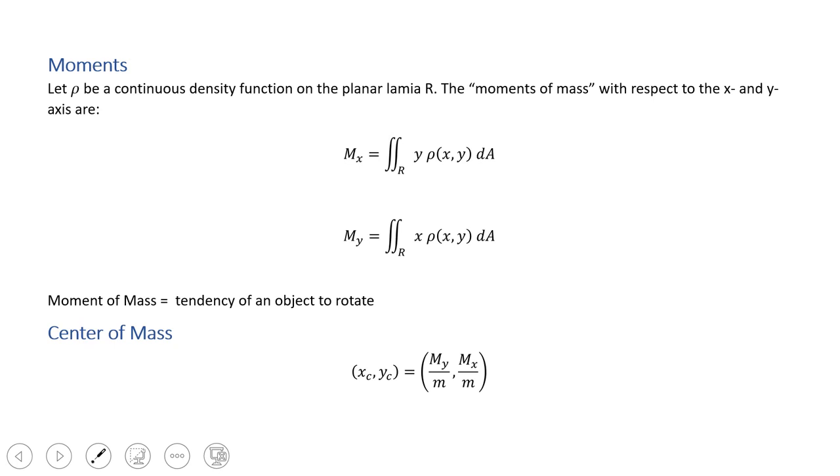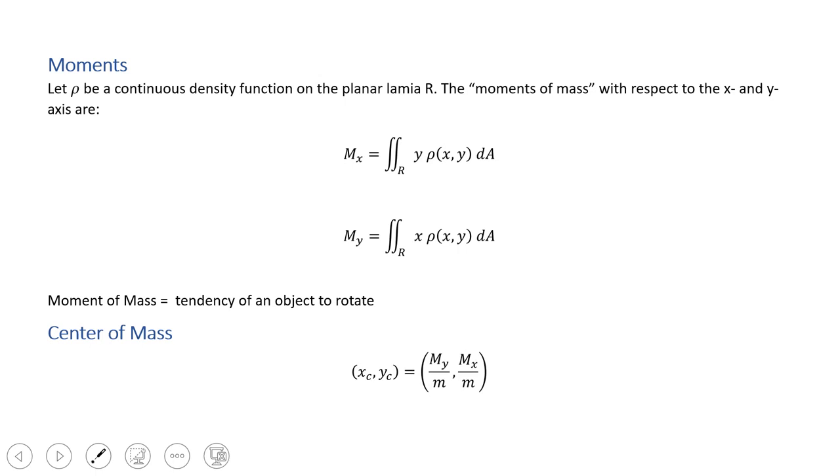All right, the second application I want to talk about are moments. So these are moments of mass, and moments of mass describe the tendency of an object to rotate about an axis. And I think your physics class can probably do a better job of describing exactly what these mean.